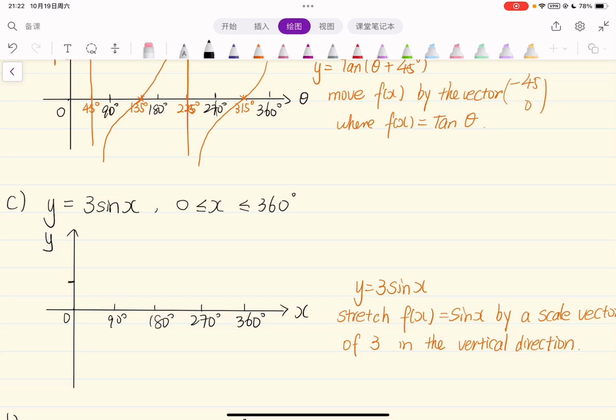So that is between 1 and negative 1. We have the curve like that, so you draw the points at first, and then we link these points. Here is y equals sine x, that is f(x).